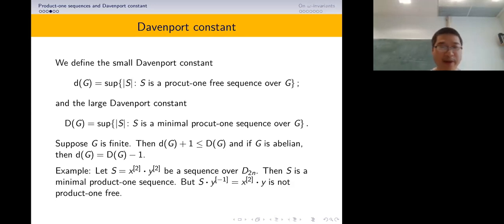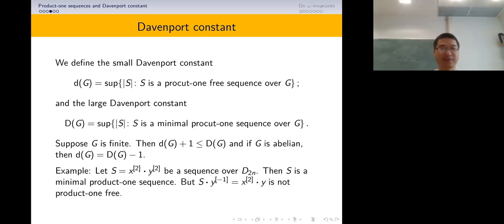If G is abelian, we can see that the equality holds. This can be seen if we have a minimal product-1 sequence, and we take one element out, then the remaining sequence is a product-1 free sequence. But this can only hold if G is abelian. If G is not abelian, we have the following example, still for dihedral groups.